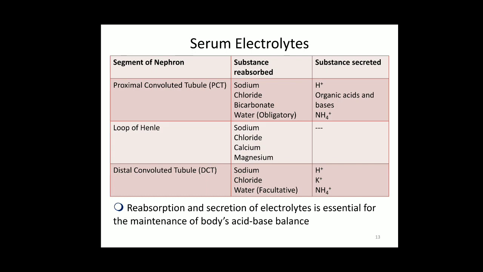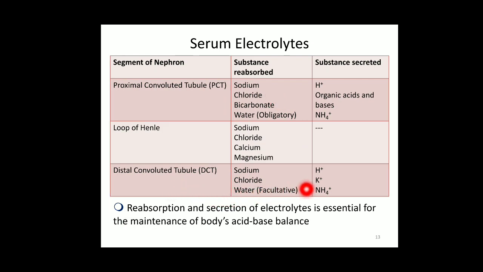Then electrolytes are also analyzed, to see if the PCT, loop of Henle and DCT are functioning well or not. Here sodium chloride, bicarbonate and water are reabsorbed, and H plus ions, ammonium ions and organic acids and bases are secreted. The loop of Henle again reabsorbs sodium chloride, magnesium and others.